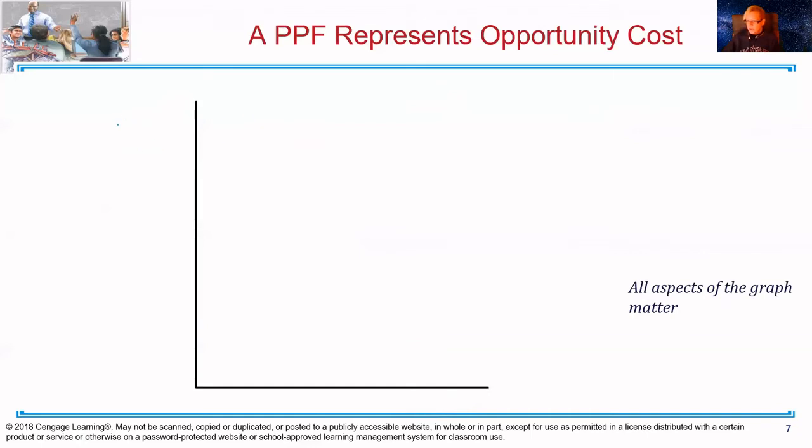So let's go back to our wheat over here on the Y, and we're going to put computers here on the X. Think about what this might mean, that all aspects matter. So again, I'm measuring more than one factor of production. So I'm going to make this a bowed out shape. This is the amount of computers I could produce. This is the amount of wheat. And why would I say that all facets of this graph matter?